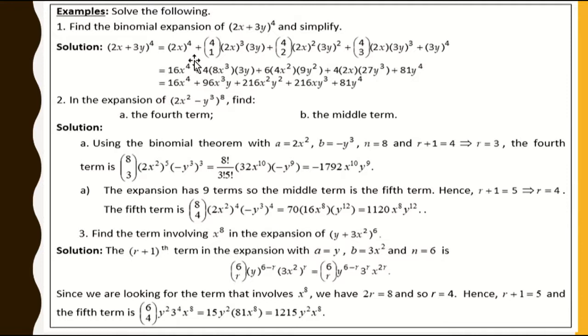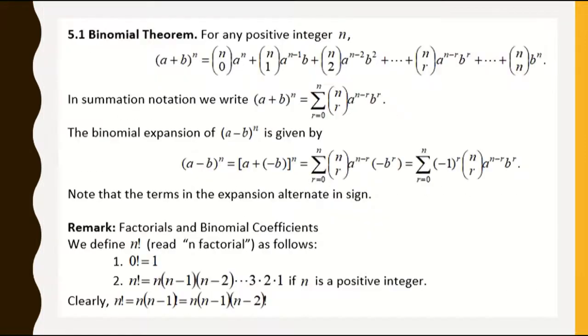And then plus 4 taken 1 at a time. Our n here is 4, right? Then next is taken 2 at a time, then next taken 3 at a time, since that is our formula: 0, 1, 2, 3, 4, and so on.